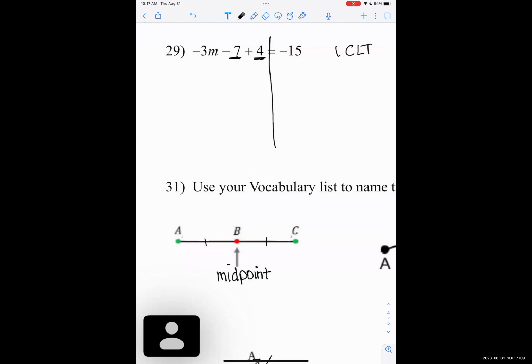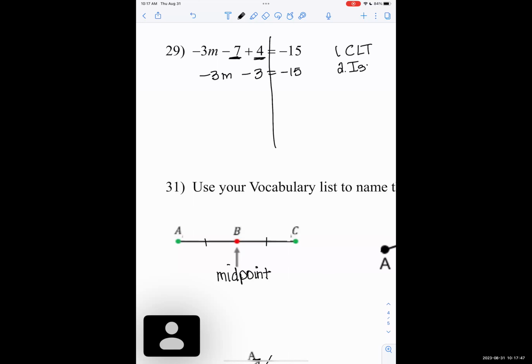Those are our constant terms. So we have negative 3m. With my calculator, I'm going to do negative 7 plus 4, and I'm going to get negative 3. Okay, so we've combined all our like terms.